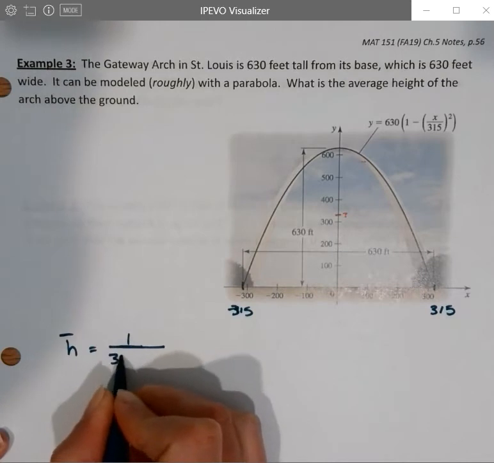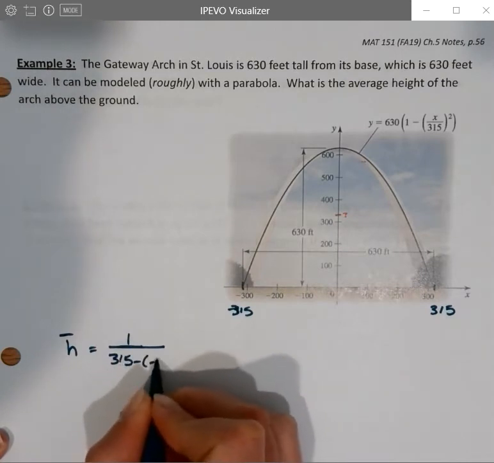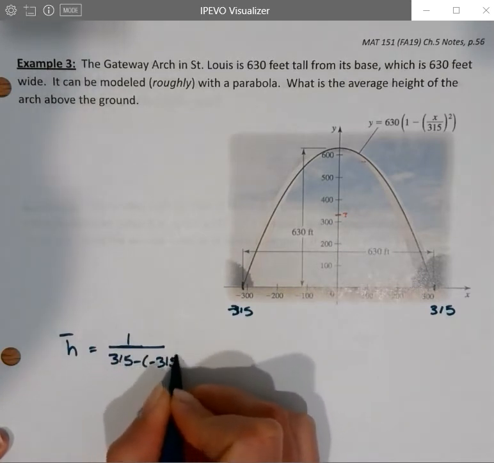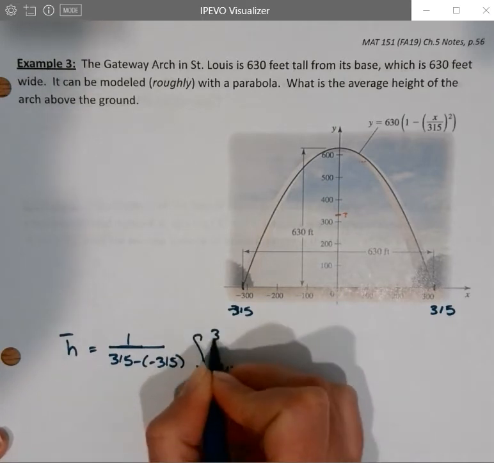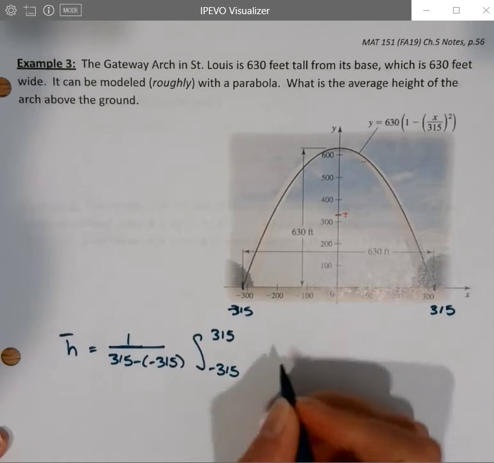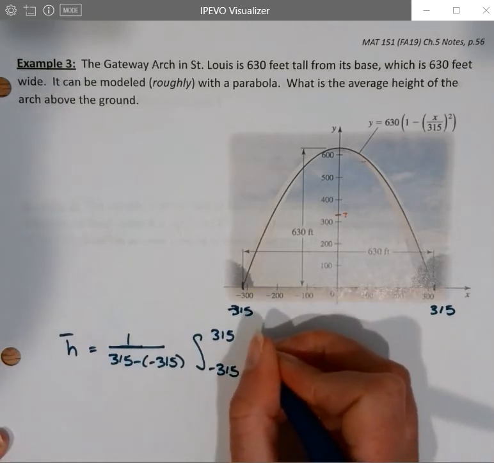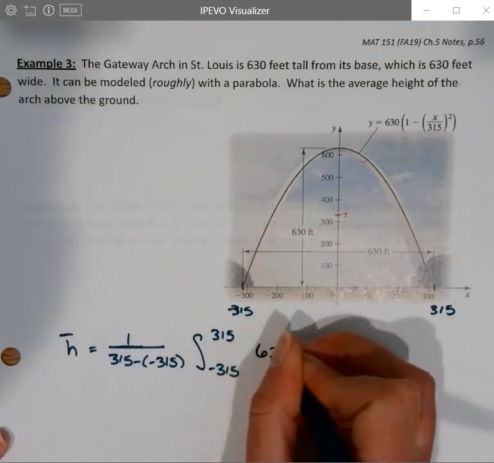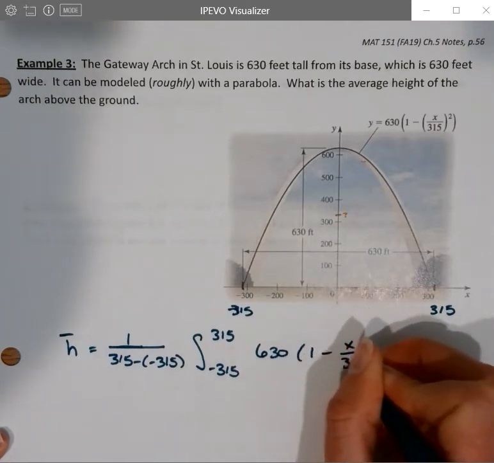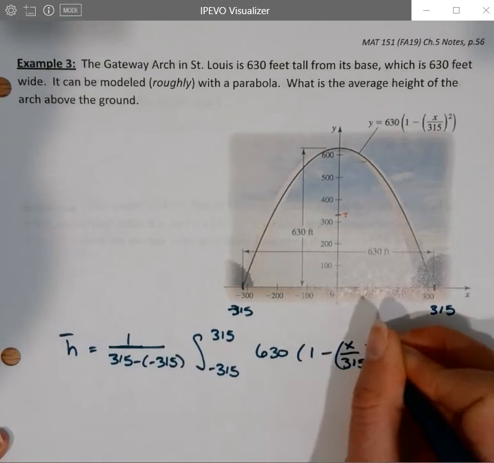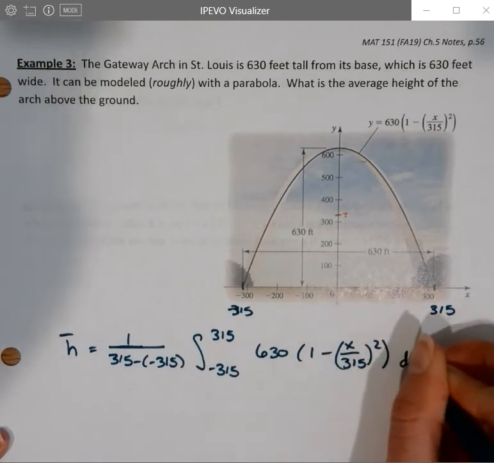So 1 over 315 minus negative 315 times the integral from negative 315 to 315 of our function. And so the function is 630 times 1 minus x over 315 squared dx.